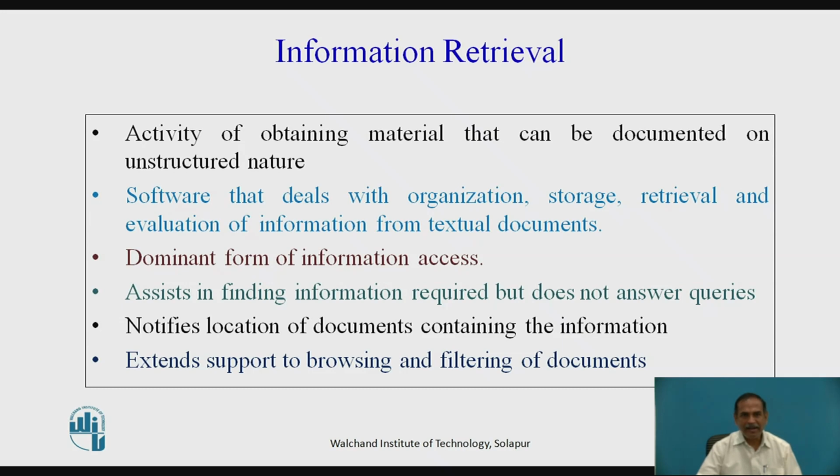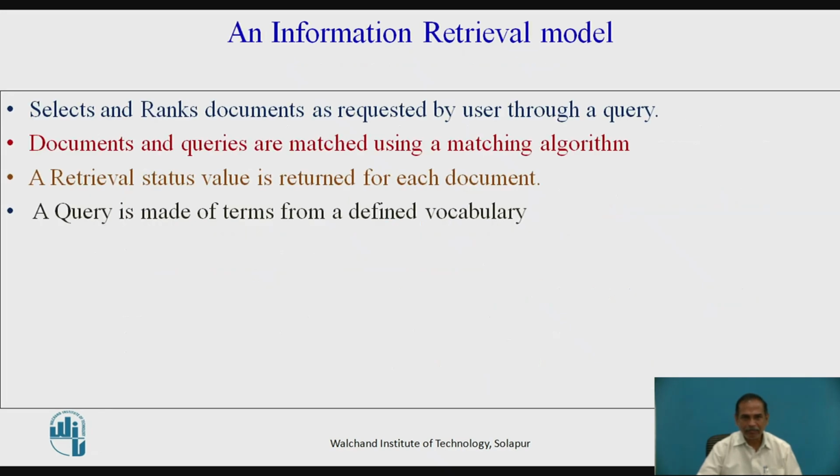It assists in finding information required but does not answer the queries of a particular user. It notifies the location of documents containing the information and extends support to browsing and filtering of documents.